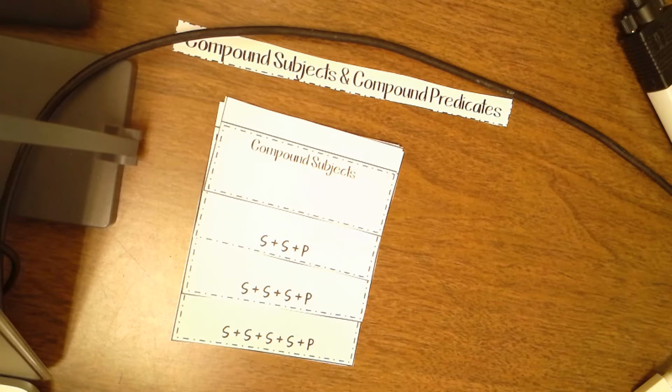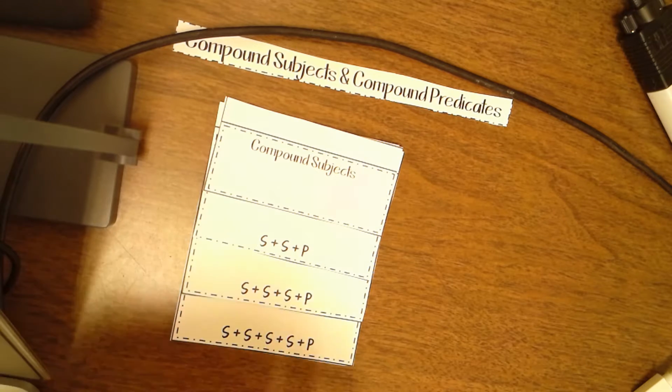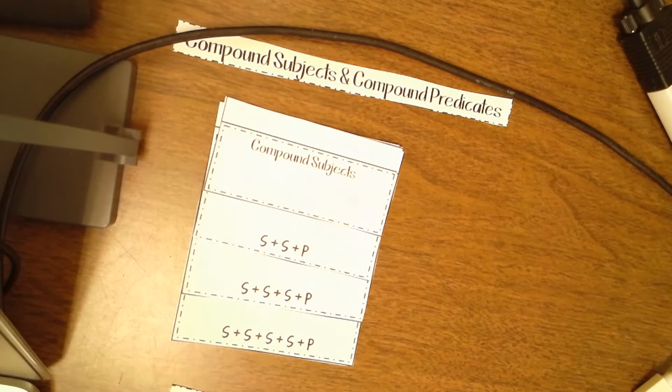But you do need the sentence down at the bottom. This is Tori reads nightly. Just like that. Okay, and then those are all the parts that you should have cut out of that page.